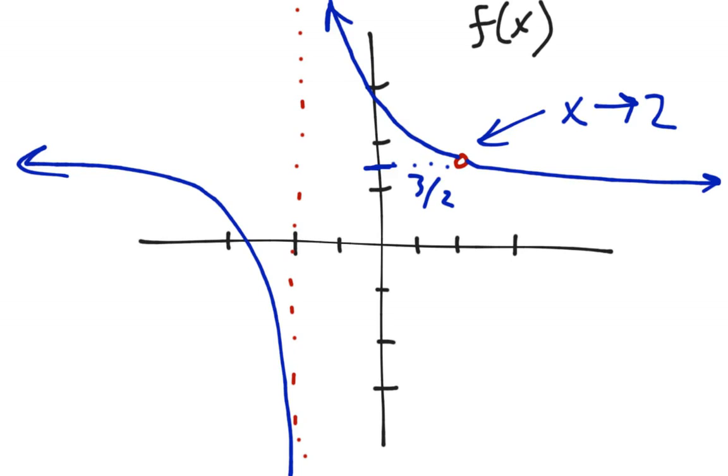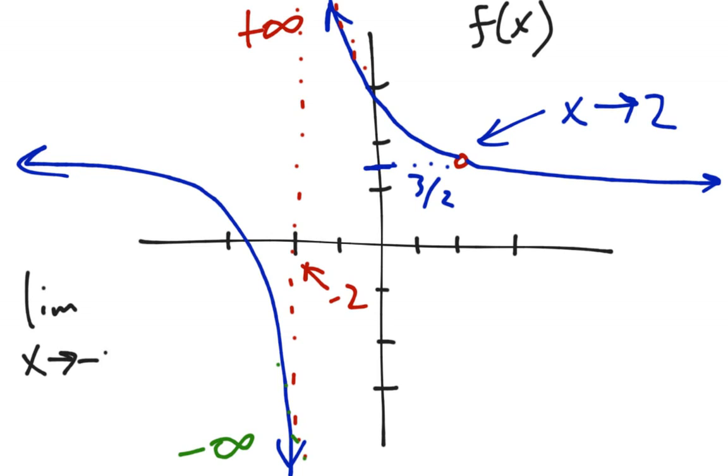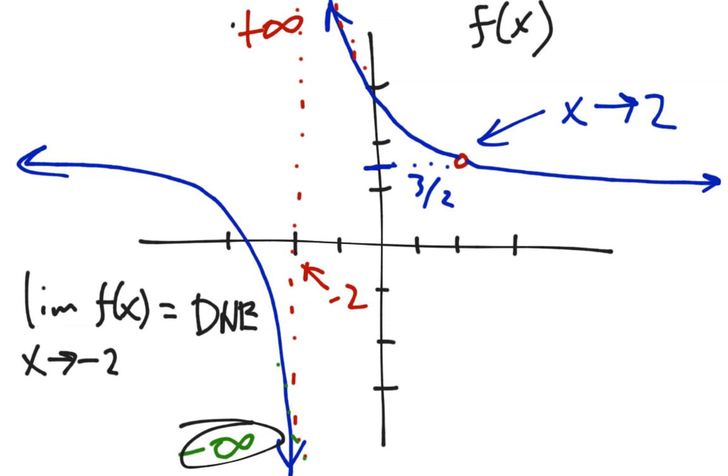Whereas if we approach -2, notice that we have this asymptotic behavior, and on the right side the function is going all the way up to +infinity, and on the left side the function is going all the way down to -infinity. And so we can say that the limit as x approaches -2, the general limit from both sides, does not exist because the left hand and the right hand limits don't agree with each other. So that's how to do that problem. Enjoy.